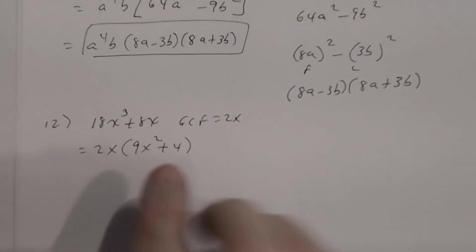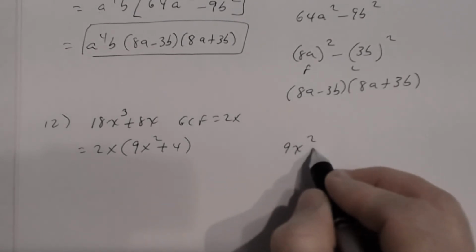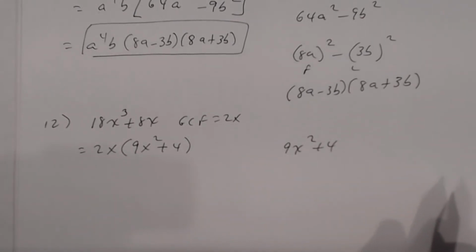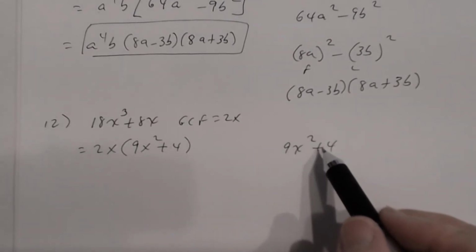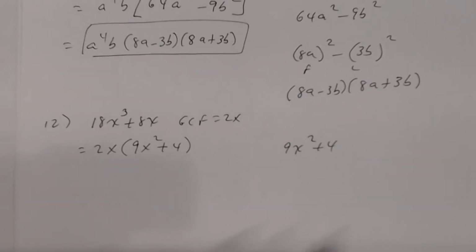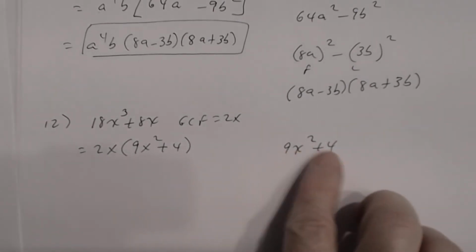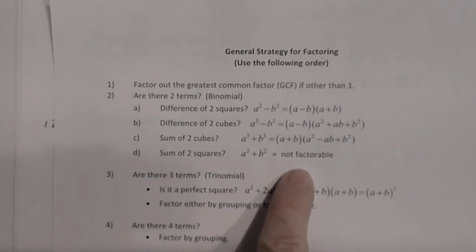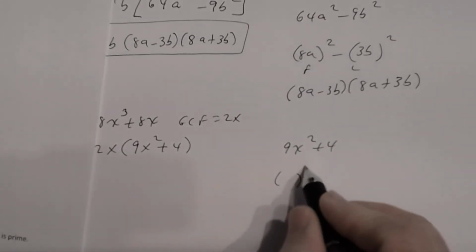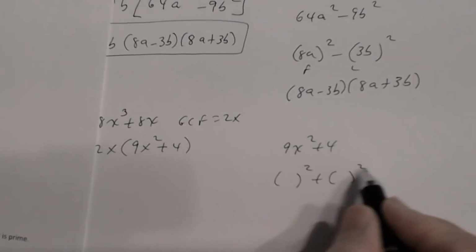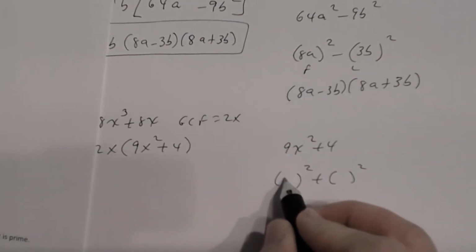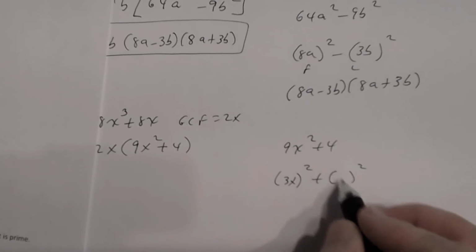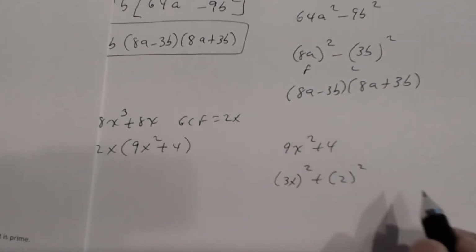Okay, so I go off to the side and I figure out if I can factor 9x squared plus 4. Well, notice that this is two terms, and notice that this is a sum of two squares. But remember, the sum of two squares you cannot factor. I can fill in these parentheses: 3x times itself is 9x squared, and 2 times itself is 4.